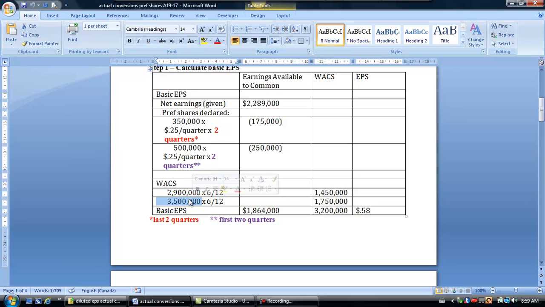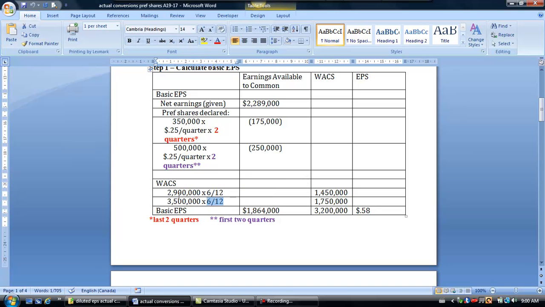So as a result, I now have 600,000 more common shares out there, which are part of this 3.5 million, right? But those extra 600,000 were only outstanding for the last 6 months of the year, from July 1st to the end of December.